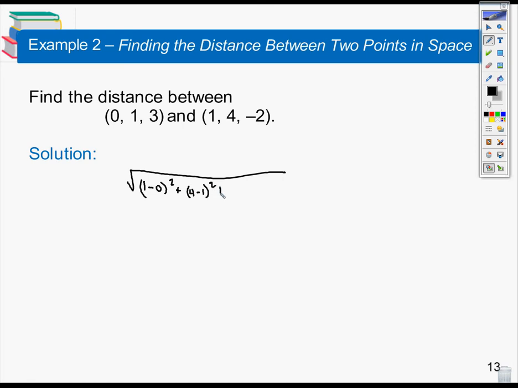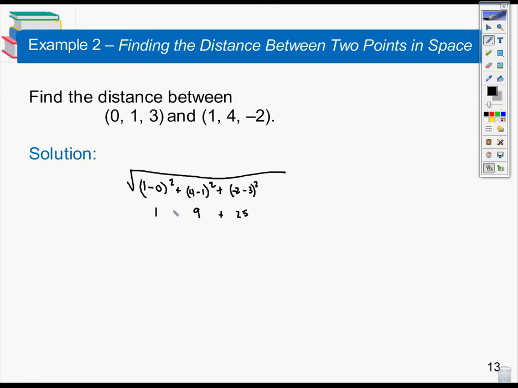And then z's: negative 2 minus 3 squared. What do I get? That's 1 squared, that's 1. Over here I get 3 squared, that's 9. And over here I get negative 5 squared, that's 25.